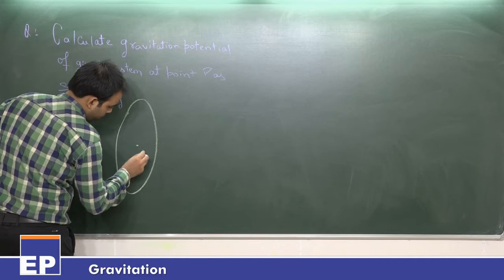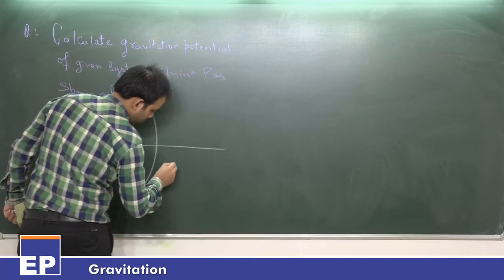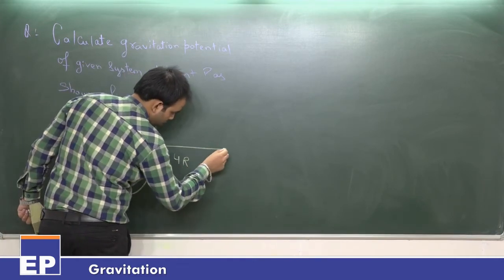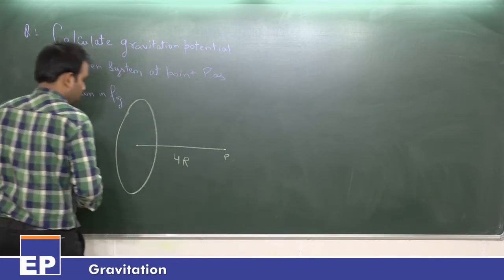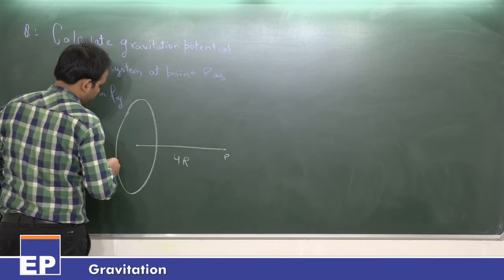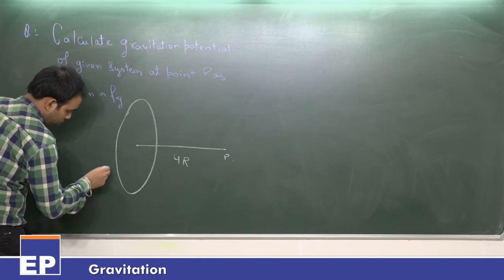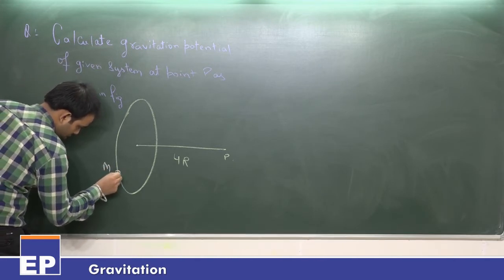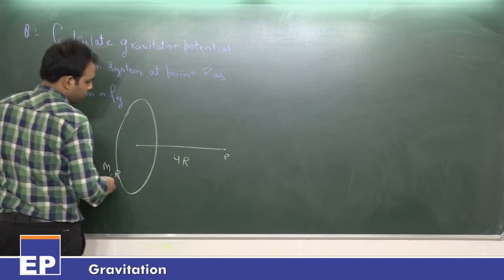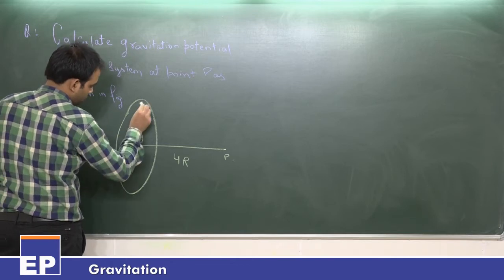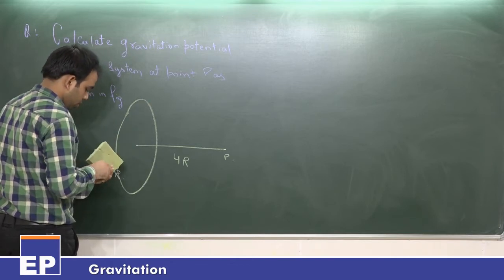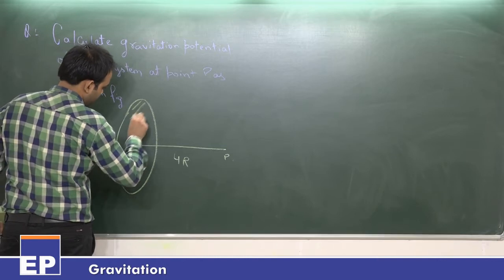We have to calculate the gravitational potential at a distance 4r, point P. You will take it is a disk of mass m and radius r.